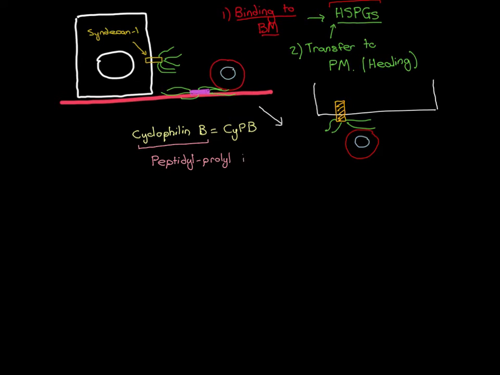So peptidyl prolyl isomerase is going to move you between two different isomers, two different conformations of the molecule, so it's going to facilitate conformational changes. Let me explain in detail what is meant by a peptidyl prolyl isomerase.